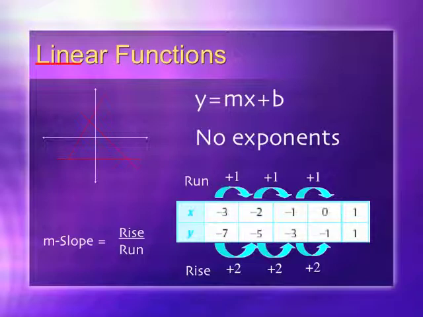So rise over run would be 2 over 1. That's what m would be. To find the b, the y-intercept, I can look for the point in the table where x is 0 and y is some number. That number that y is, that's our b. So in this case, the equation of the line going through all the points listed in this table would be y equals 2x plus negative 1.